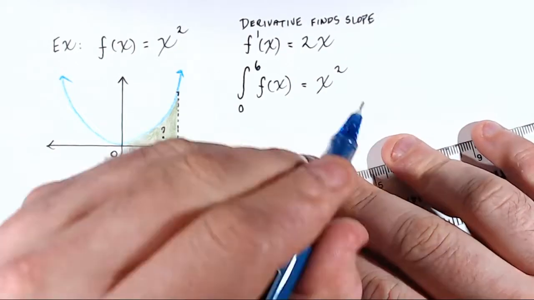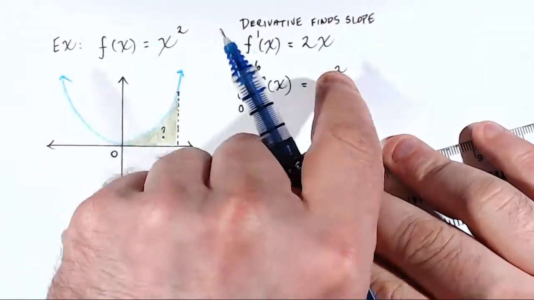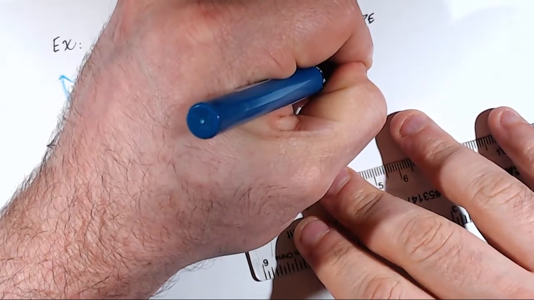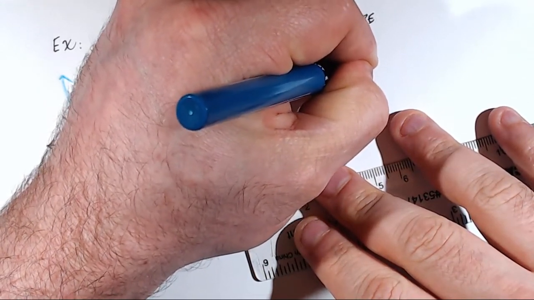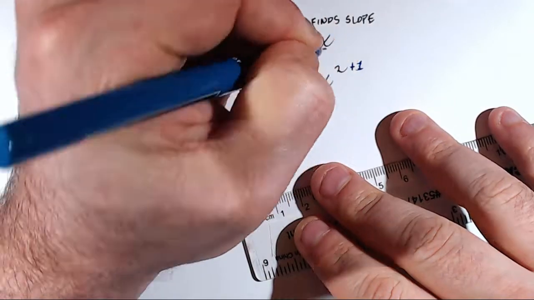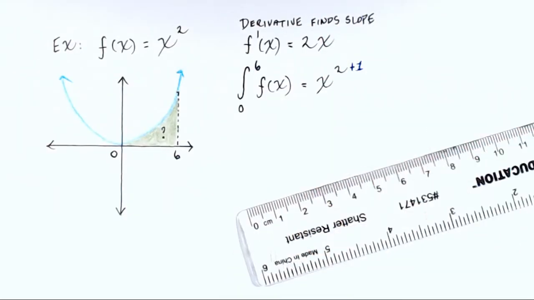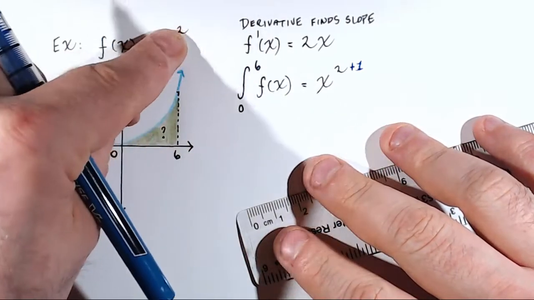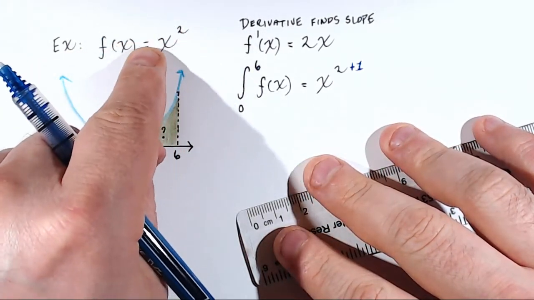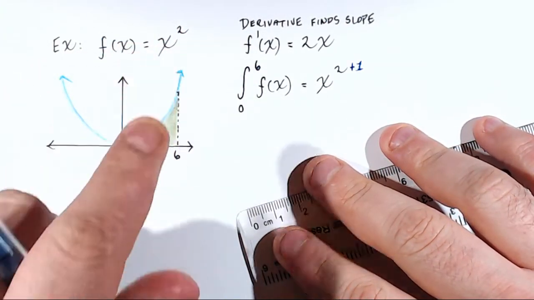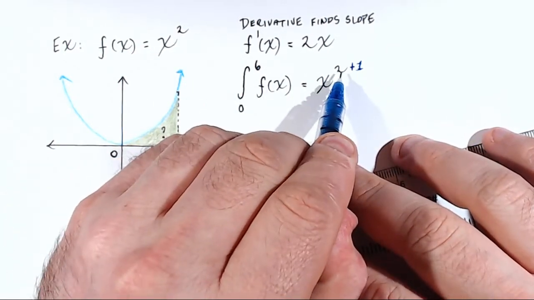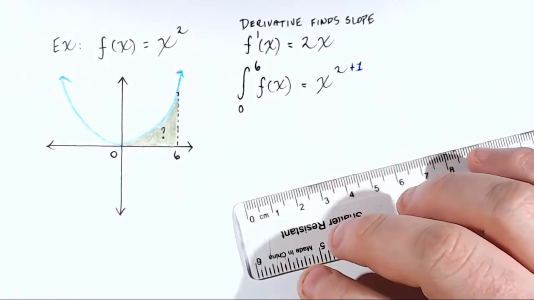So before I subtracted 1 from this exponent, now I'm going to add 1 to this exponent. And before, when I subtracted 1 from the exponent, I brought the original exponent down here. Okay, so instead of doing that, I'm going to think 2 plus 1 is 3.